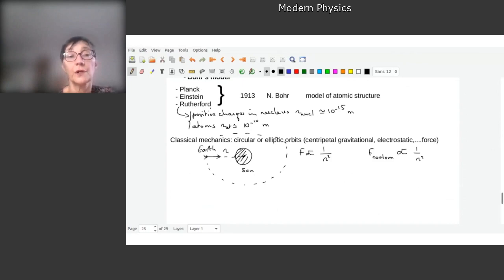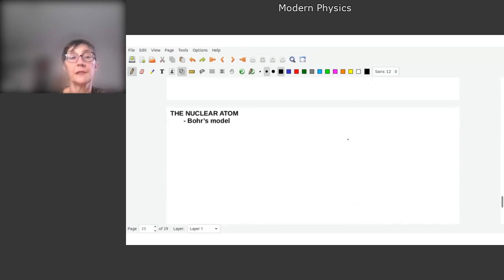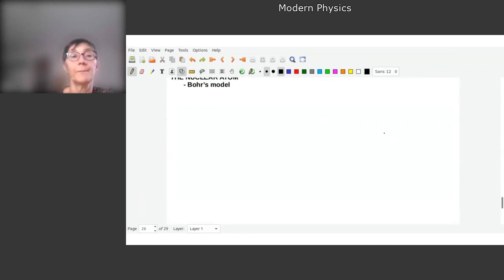This is the notion that you have the nucleus here, and you have some orbit, this is the nucleus and this is the electron, and so the electron is orbiting around the nucleus. Let's see how we can do this description. There are some problems, but first let's see how we can characterize this orbit.